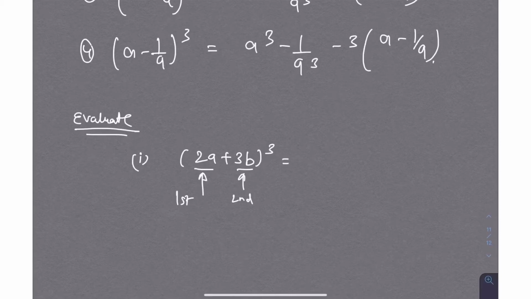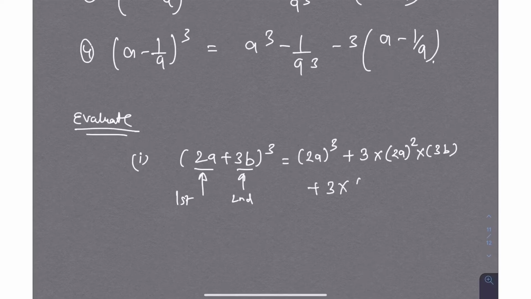So a cube means first term cube plus 3 into a square means first term square into second term plus 3 into first term into second term square plus second term whole cube.